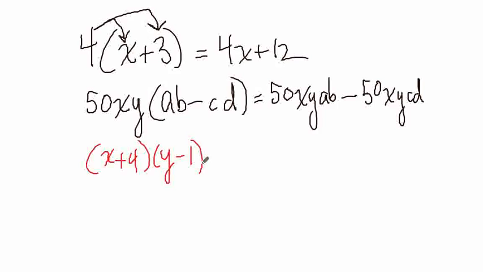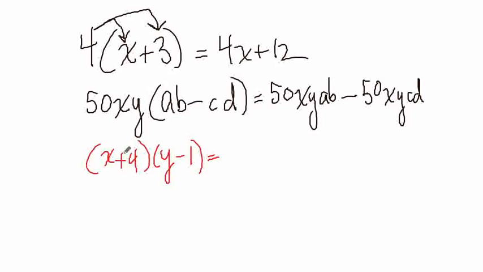So how in the world do we distribute? Do we expand, use your favorite word, change the appearance of this red one? The general trick is similar to what I said before about taking what's on the outside and multiplying it by the inside, except this time with the x plus 4, we've got 2 guys to multiply.